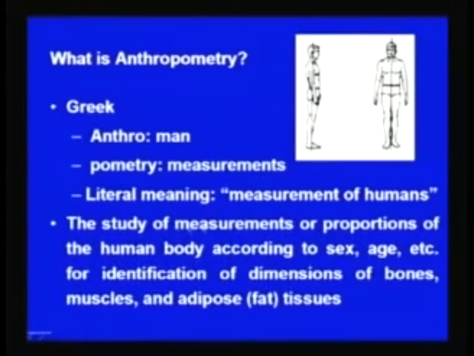The study of the measurement or proportions of the human body, according to sex, age, etc., for identification of the dimensions of bones, muscles and adipose tissues falls in the category of anthropometry.